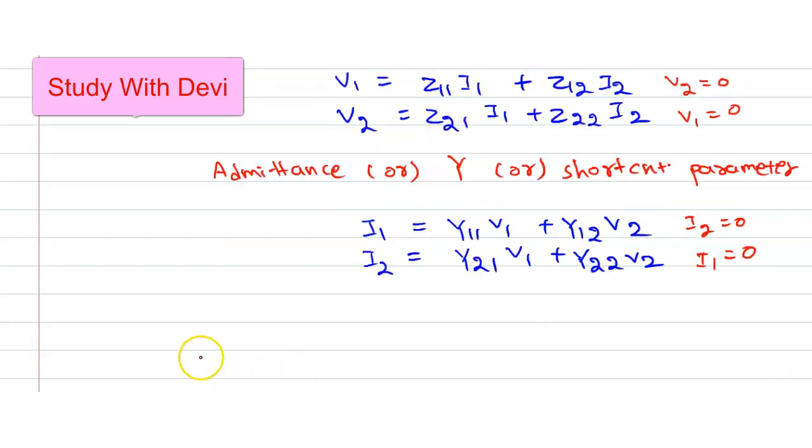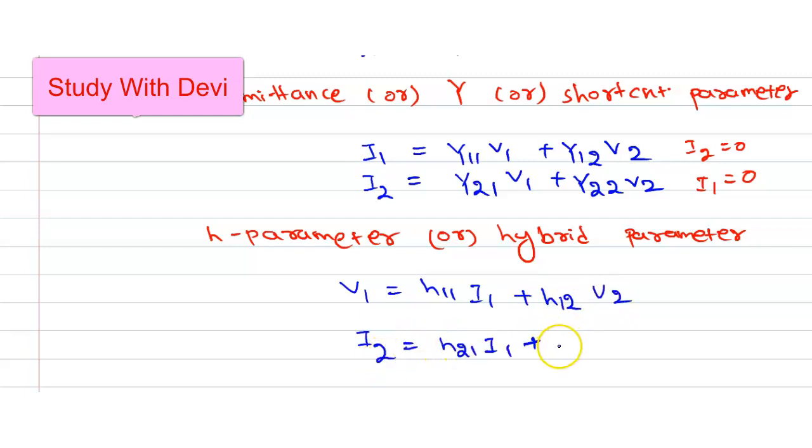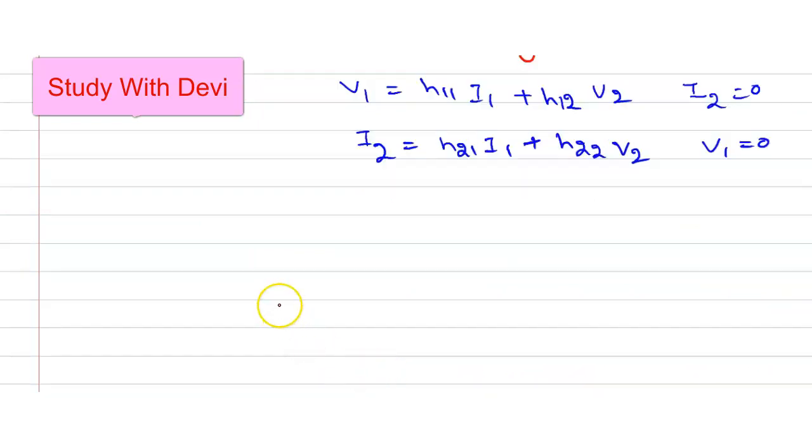Third is our H parameter or hybrid parameter. Now we can rewrite this one. V1 equal to H11 I1 plus H12 V2, I2 equal to H21 I1 plus H22 V2. In one case I1 is not there, so I2 equal to 0. In this case V1 is not there, so V1 equal to 0. Fourth parameter is G parameter or inverse hybrid parameter.